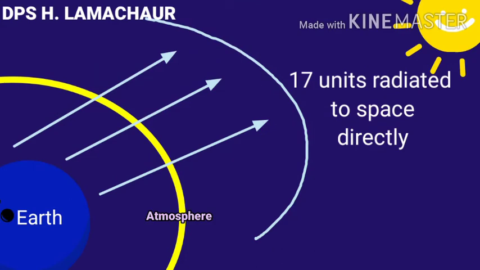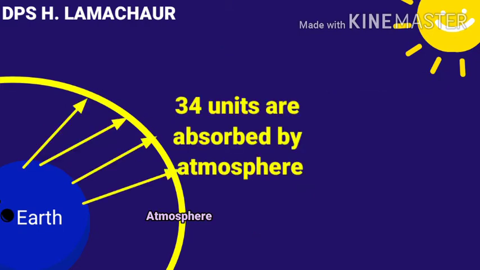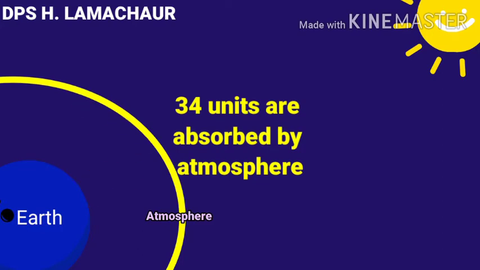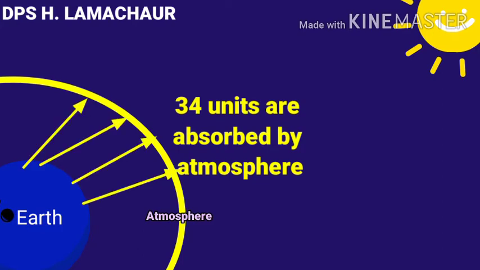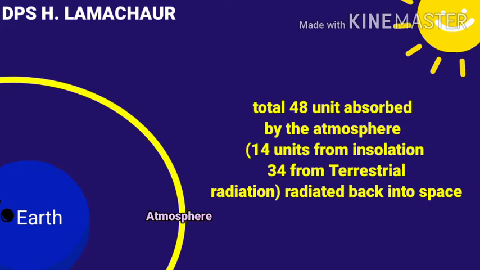Of these, 17 units are radiated to space directly, and the remaining 34 units are absorbed by the atmosphere. So 48 units are absorbed by the atmosphere, 14 units from the insolation and 34 units from the terrestrial radiation, and these are also radiated back into space.